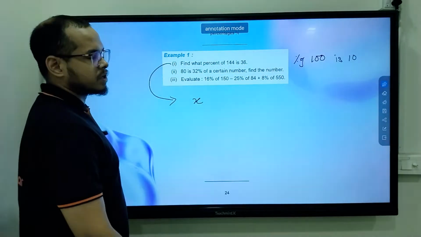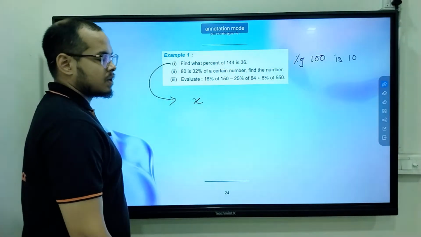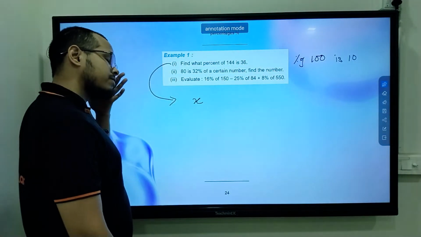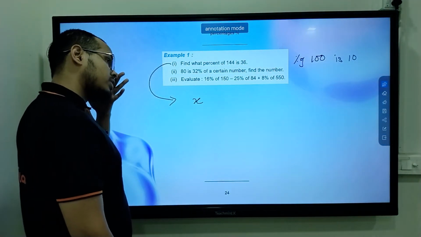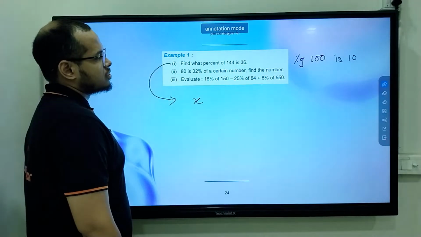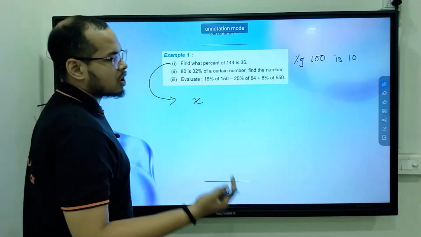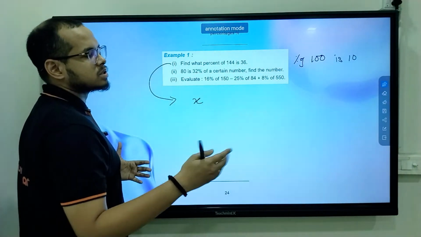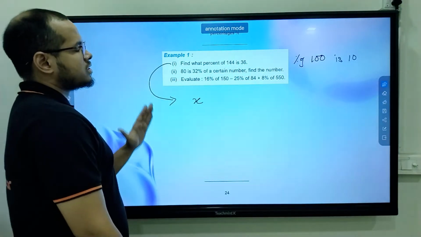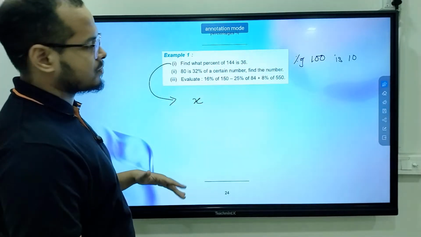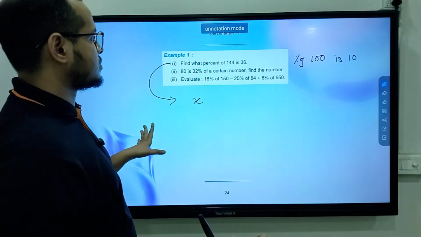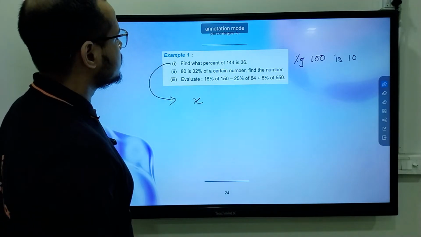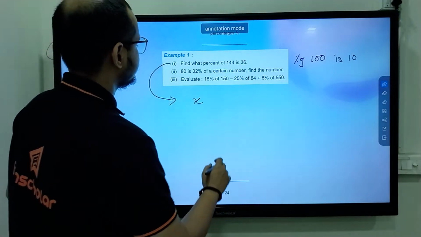First, let me understand what this sum is all about. 36 is how many times lesser than 144? How many times should 36 be multiplied, or how many times should 144 be divided? There are only two places of confusion, right?